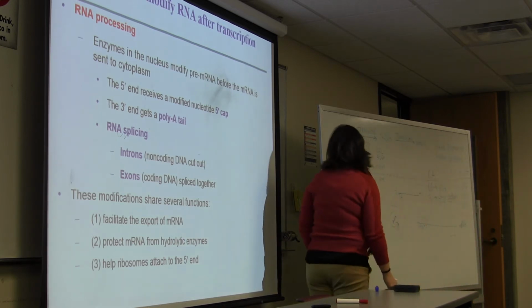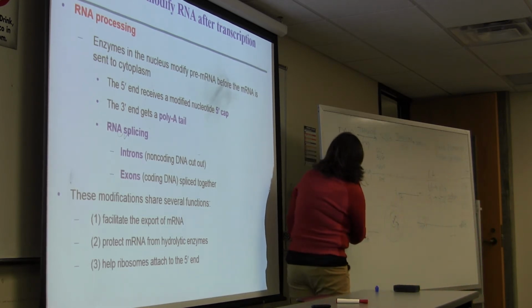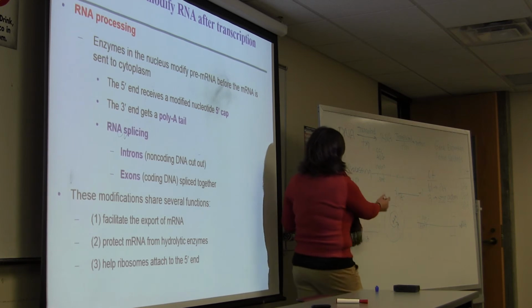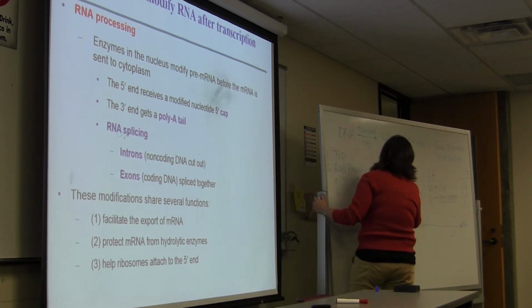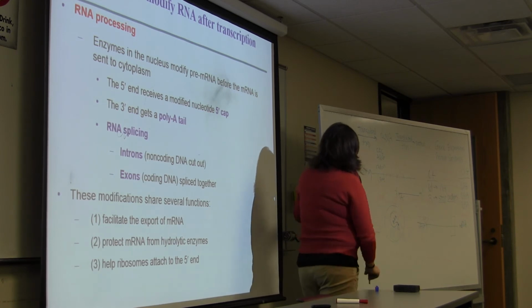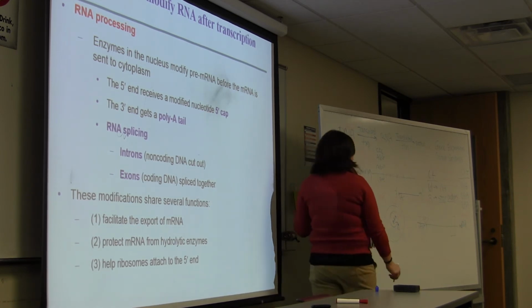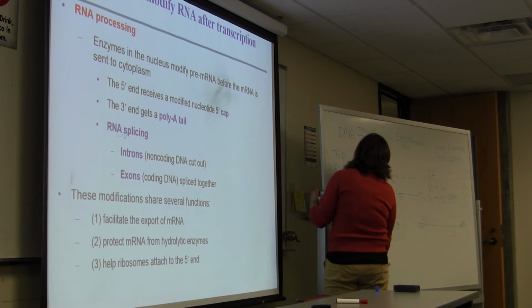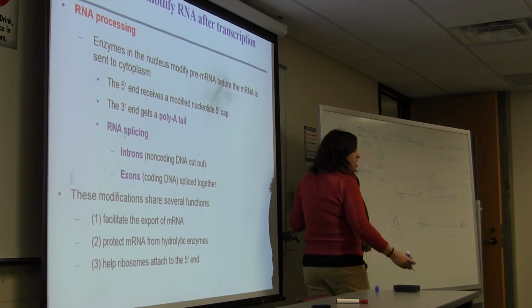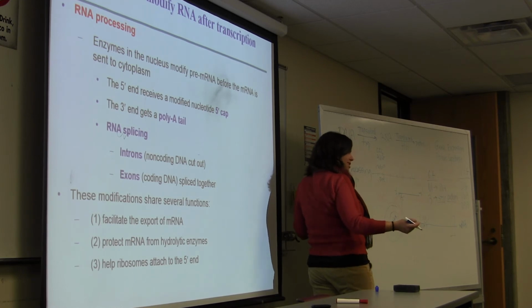But anyways, we're going to add a cap to protect the 5' end. Because again, remember, there's all these enzymes floating around in the cytoplasm, and a lot of those enzymes are called nucleases, which means they cut off nucleotides one at a time. Obviously, if you start chopping up your RNA, it's going to affect your protein.